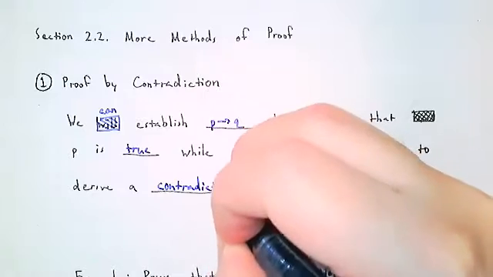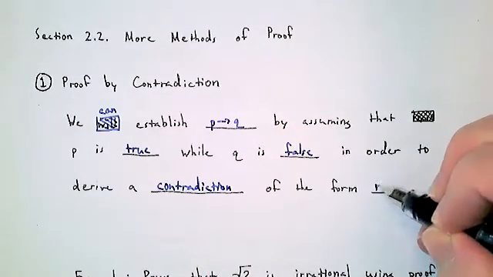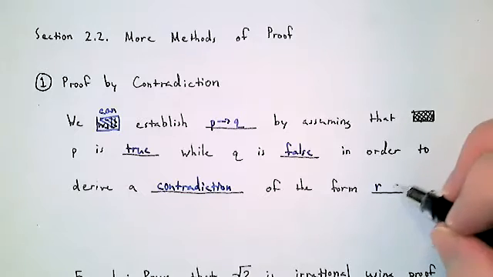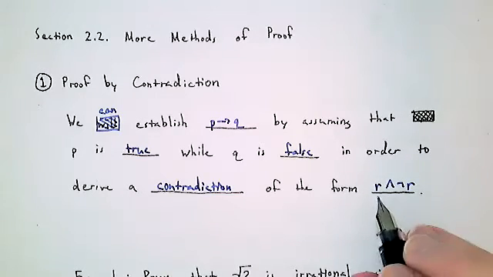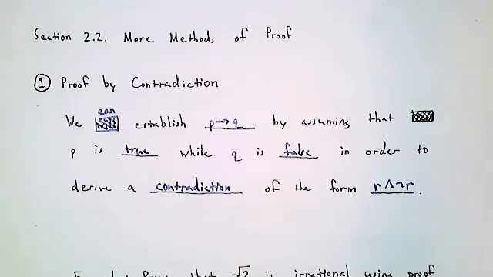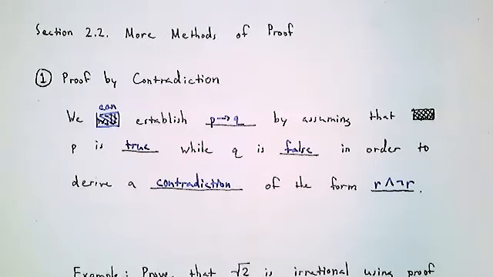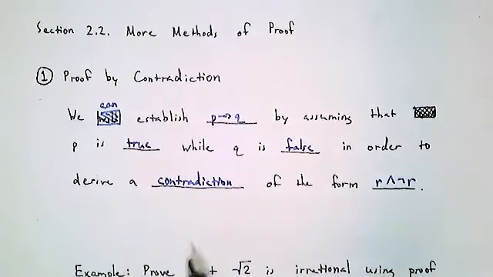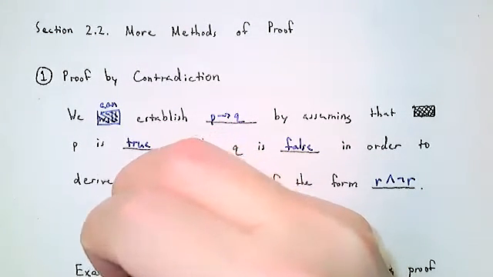And these usually look something like a statement is both true and false. So something like R and not R. And if maybe you think this is a little strange, way back in the last chapter we talked about this kind of thing, even though you didn't know it at the time.